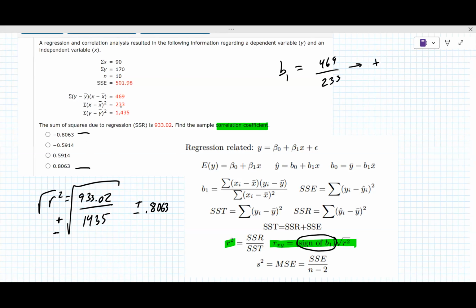And this is positive, some sort of positive number. Does that make sense? Yes. We know it's positive now. You can see two positive numbers make a positive, so the answer is positive: 0.8063.